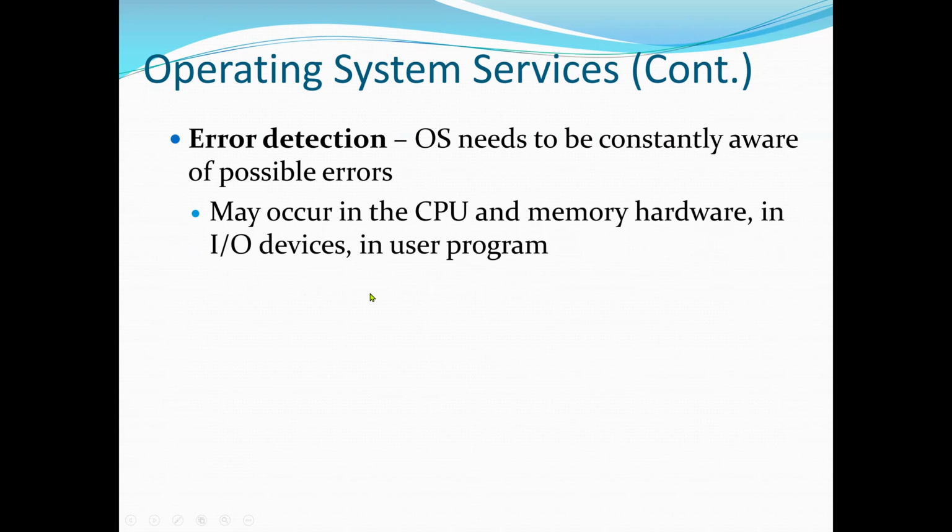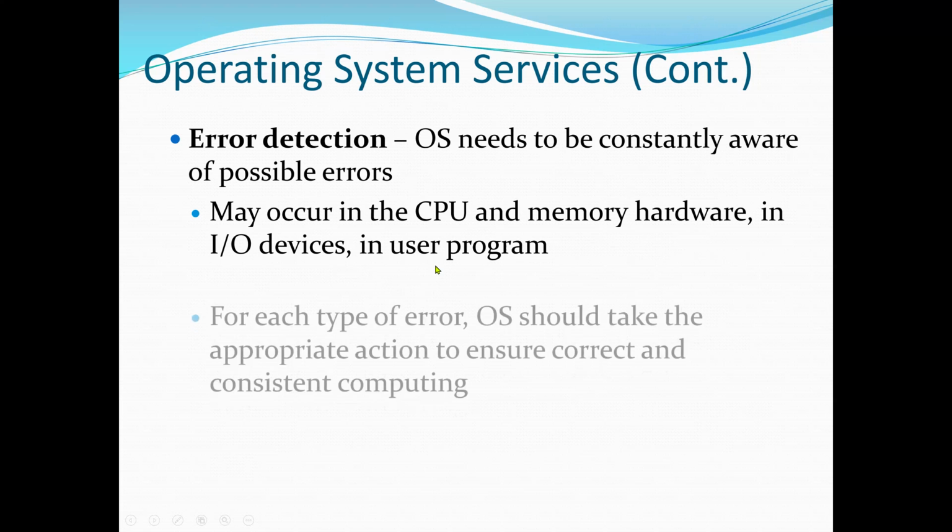This may occur in the CPU, where we may have a CPU error, maybe a deadlock, with processes trying to get the same thing at the same time, or no communication. It may also occur with memory hardware issues, I/O devices, or the user program, which would be application software errors.